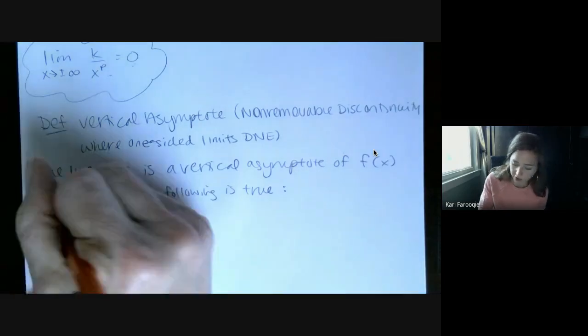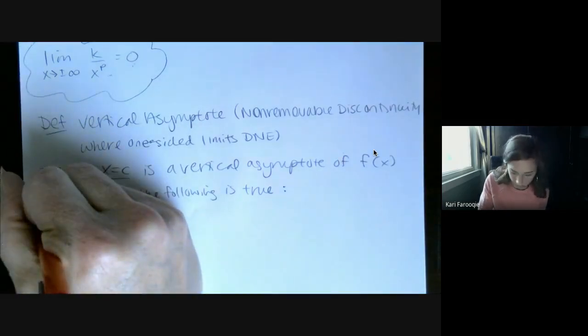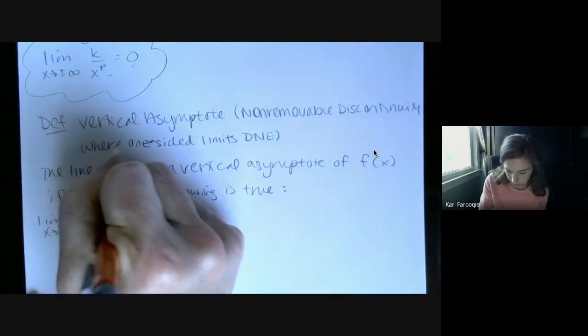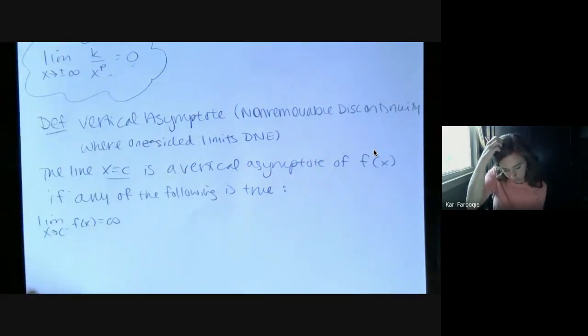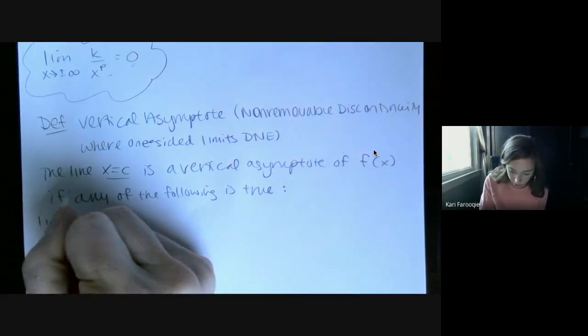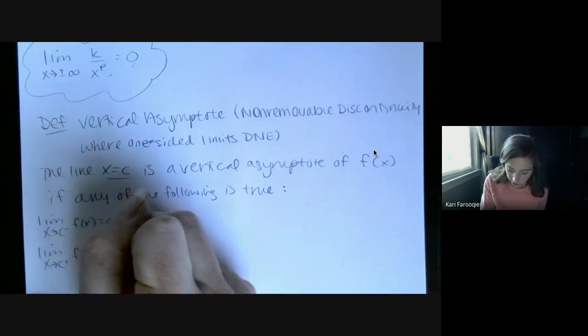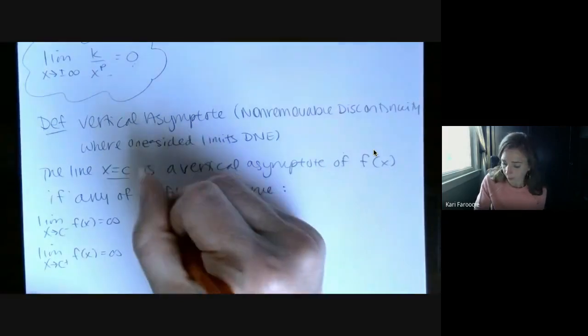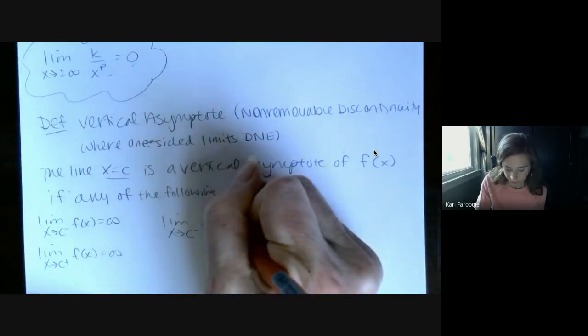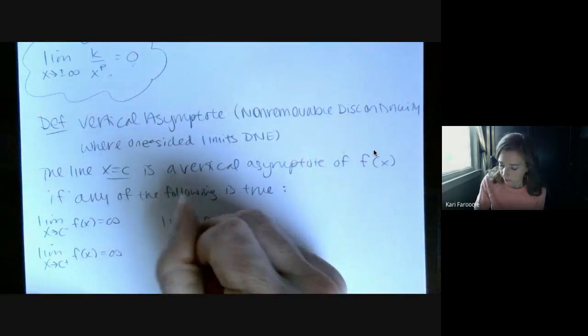One, the limit as x approaches c from the left of f of x equals infinity. The limit as x approaches c from the right of f of x equals infinity. The limit as x approaches c from the left of f of x is negative infinity.